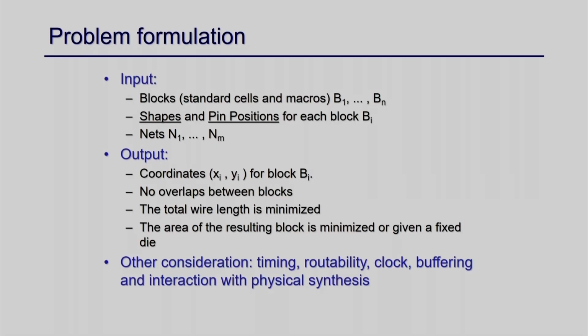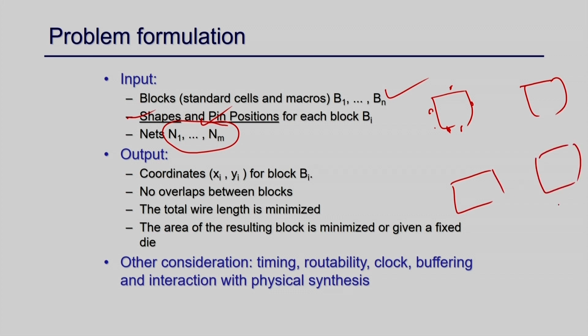So what is the placement problem? Now you are physically going to place those blocks in your layout area. The problem input is that there are say n blocks, and now the shape is fixed by the floor planning, and pin positions are also fixed by the floor planning. The nets are also given. So for each block, exactly where the pins are is finalized, and the connections among them, from pin to pin, are also given to you.